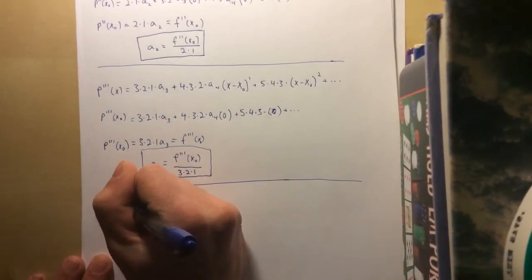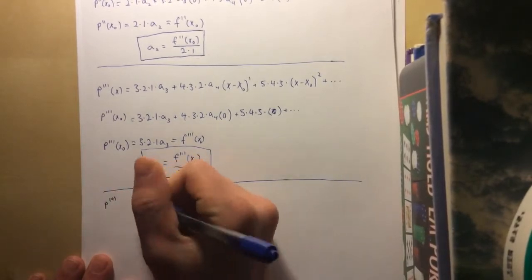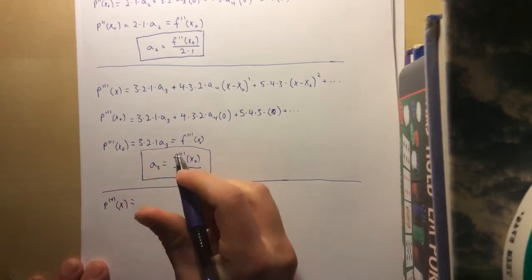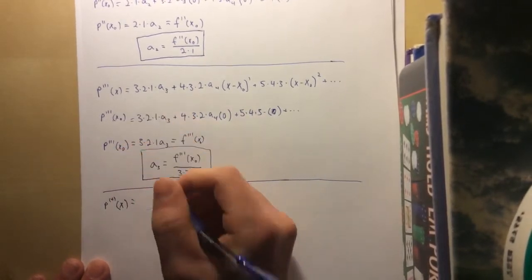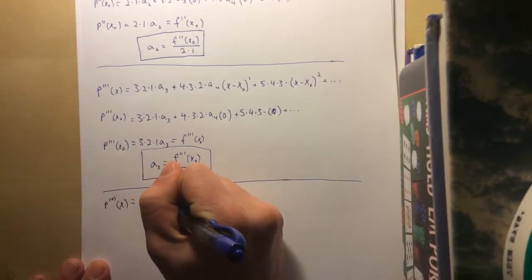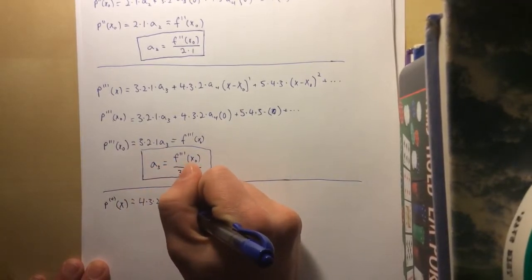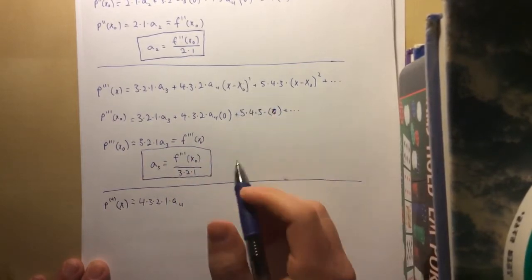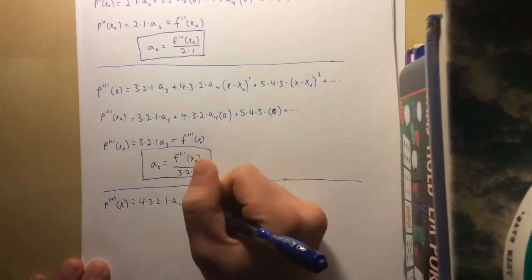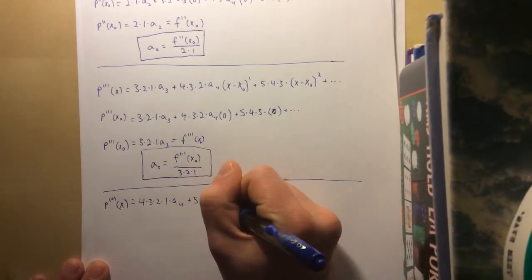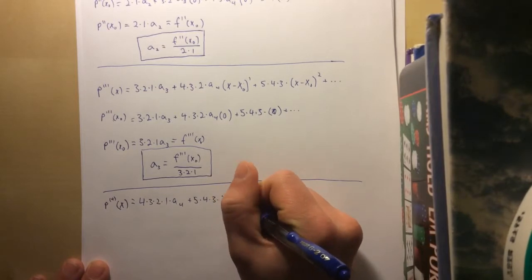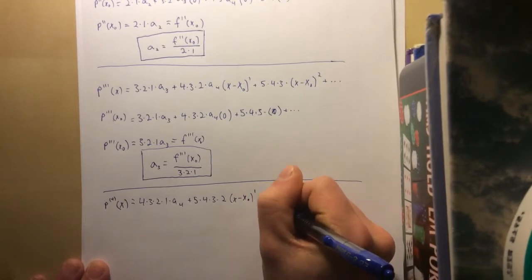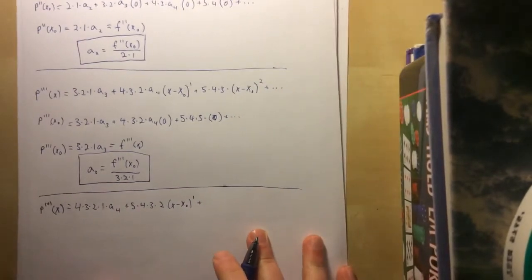So let's do the fourth derivative of our power series representation. This constant cancels out, and we get 4 times 3 times 2 times 1 times a sub 4, and the power goes to 0, so we don't have to worry about the x's, plus 5 times 4 times 3 times 2 times (x minus x naught), and the power goes down to the first, plus, I'll go ahead and write another term.